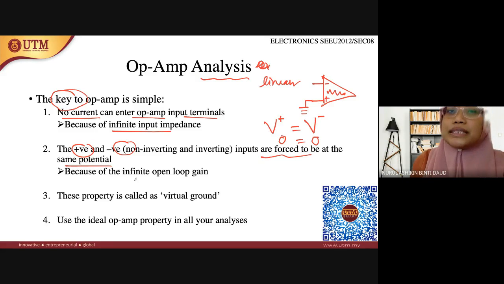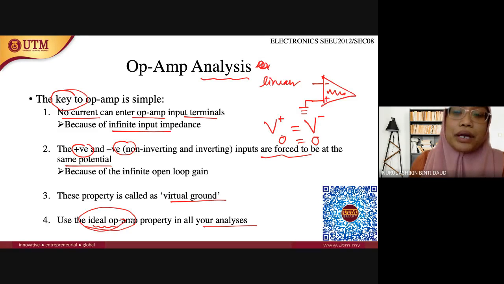Okay, and this property is called virtual ground. Use the ideal op amp property in all your analysis. We are going to assume that the op amp is in ideal op amp operation. Even though practically the value is not infinity, in our analysis all the op amps work as ideal op amps.